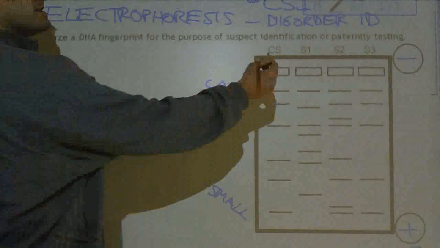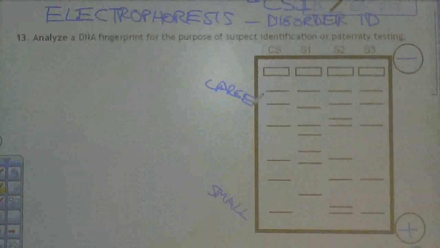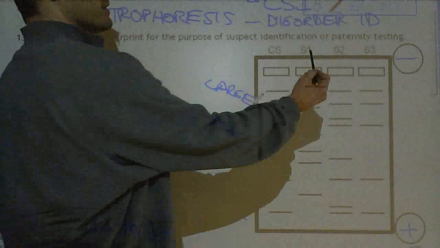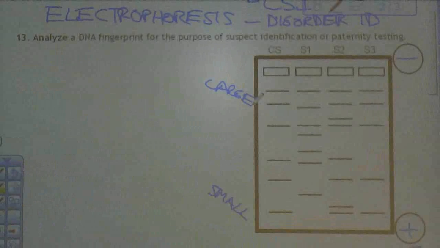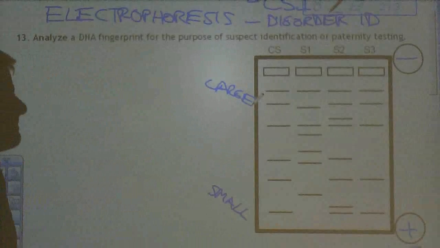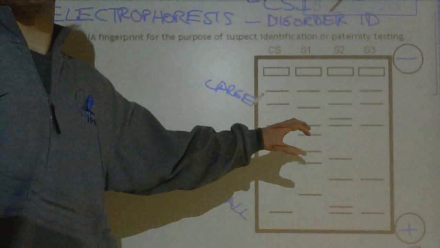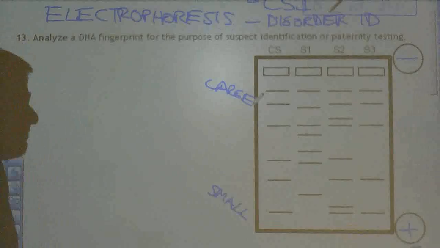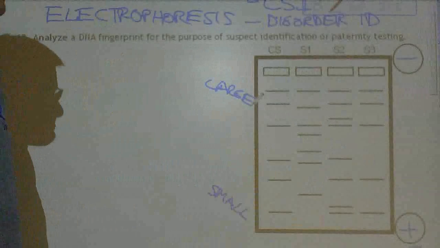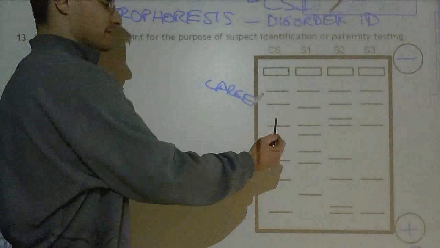So we have our crime scene DNA. Again, at the moment, we are assuming that we don't know who the guilty suspect is. And we've taken DNA samples from all of our suspects, 1, 2, and 3. And now we just need to figure out who is the guilty suspect. I've given you some examples that may be a little bit extreme, but just to make some points here. You want to compare your crime scene DNA to each one of the suspects, and they have to match up perfectly, as you saw in the previous example.